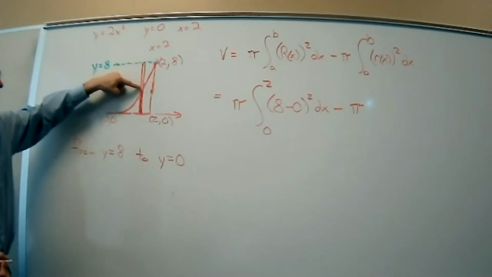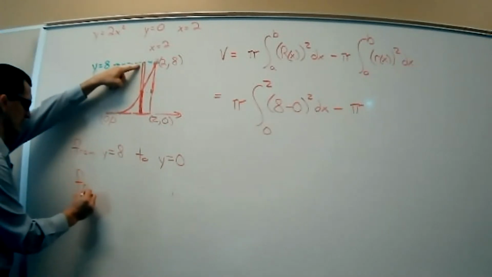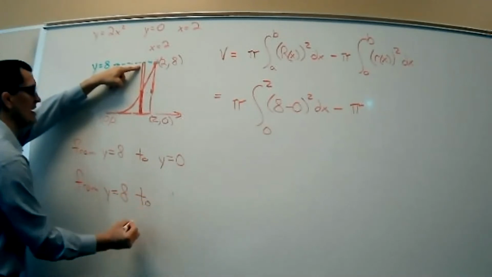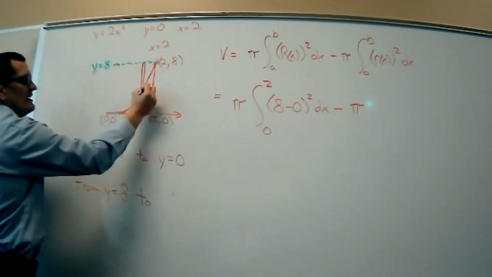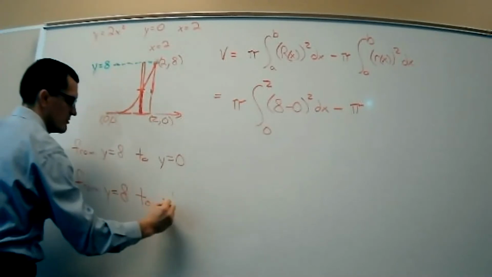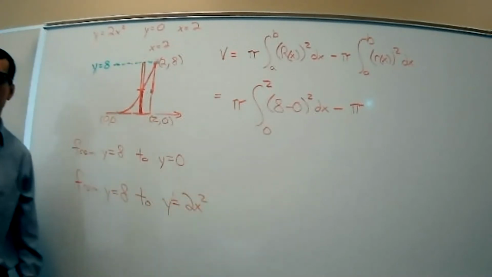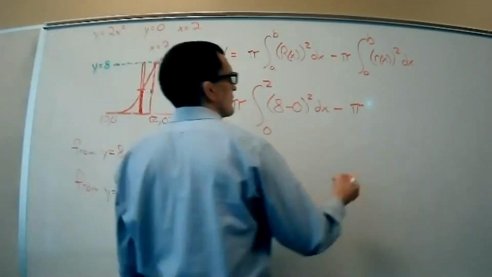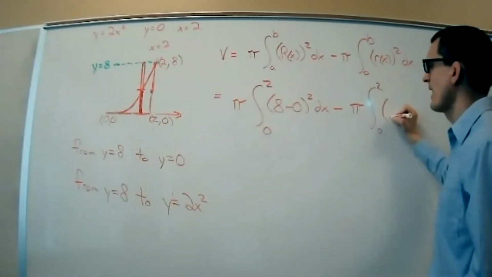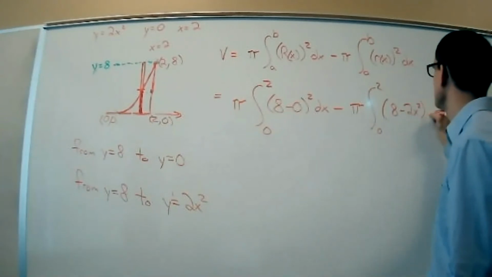If I want to make that a positive number, I'm going to say from y equals 8 down to where it hits this line right there, down to y equals 2x squared. So my smaller radius is 8 minus 2x squared.